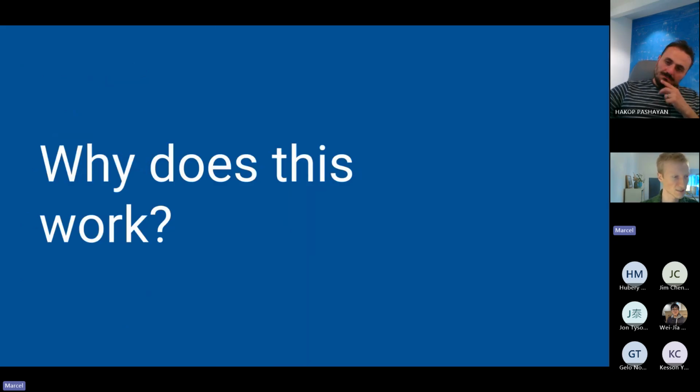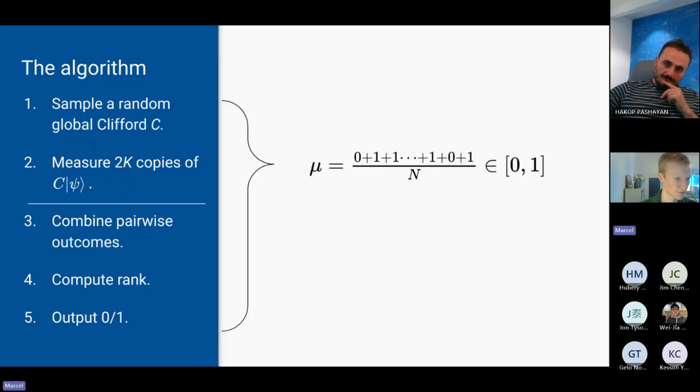And let me just give you some idea of what is going on. The first thing is that if you just look at the algorithm again and blur out the details a bit, then you can understand that this algorithm, or at least one round of it, is really just a stochastic process that ends up outputting some random variable that takes values either 0 or 1.